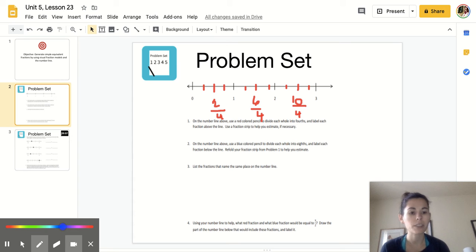Use your finger and go ahead and draw all the lines to divide into eighths between 0 and 1.